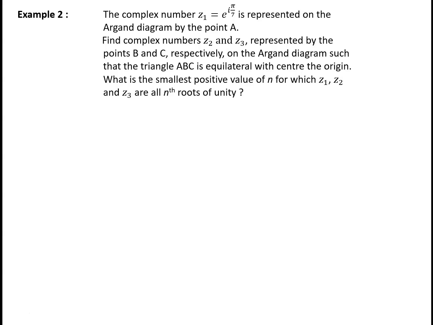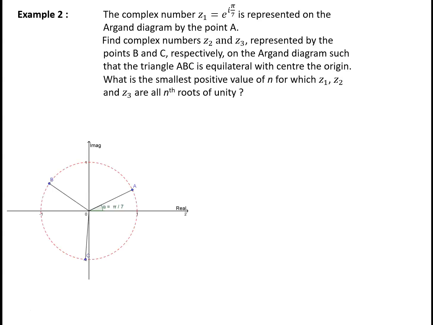So let's start with a diagram. We know that z1 has got a modulus of 1 and an argument of pi by 7. The 3 points on the equilateral triangle lie on a circle of radius 1 and centre the origin.